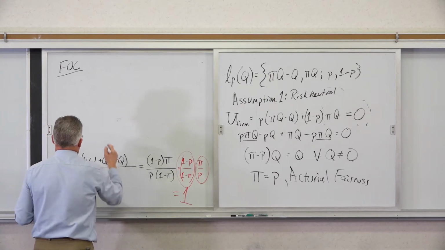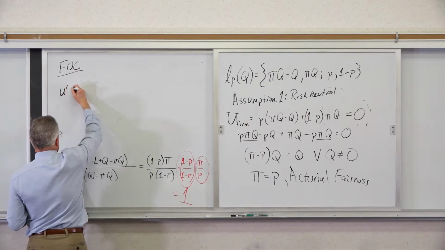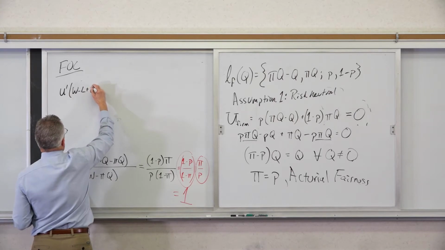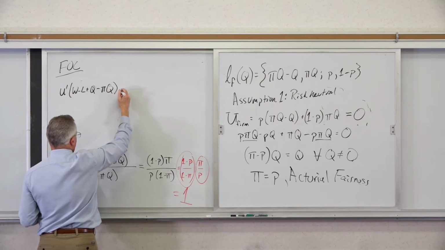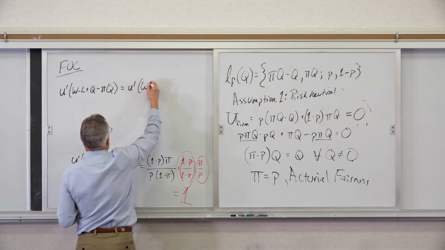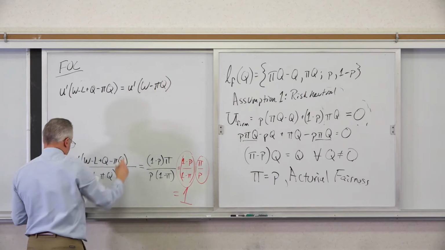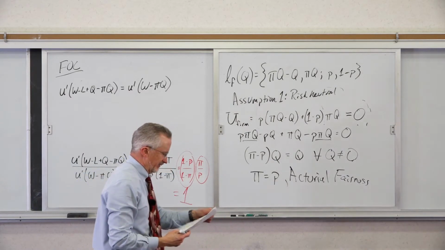So we now know that the marginal utility in each possible state will be the same: U prime of W minus L plus Q minus pi Q is equal to U prime of W minus pi Q. And so now we can further solve this.